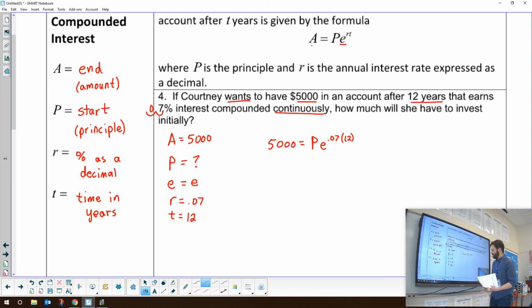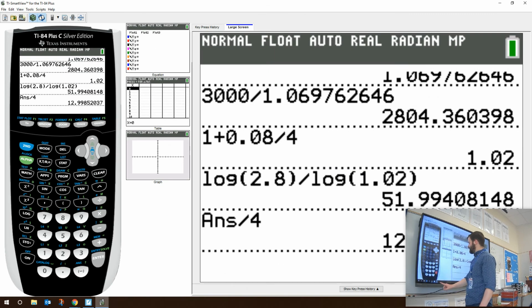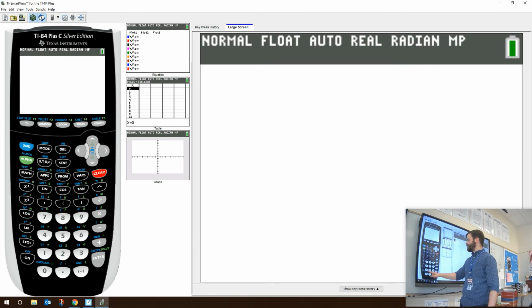All right, now listen to me. To find what my principal is, I'm going to plug this piece into my calculator, because remember, with E, we can plug that in pretty easily, no pun intended. We're going to take my E, go second ln, to get E to the power, and plug in E to the power of 0.07.